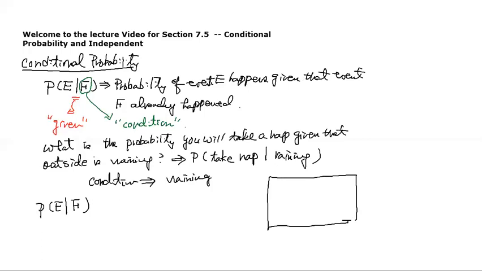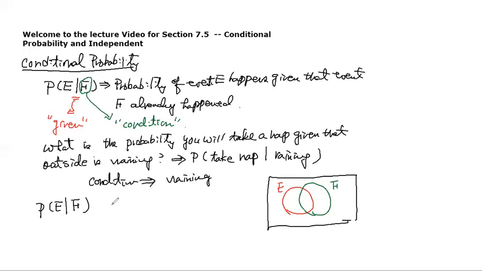Let's take a look here. This is your event E, the red one. This is your event F here. The way we read this is the probability of event E happening, given that F already happens.